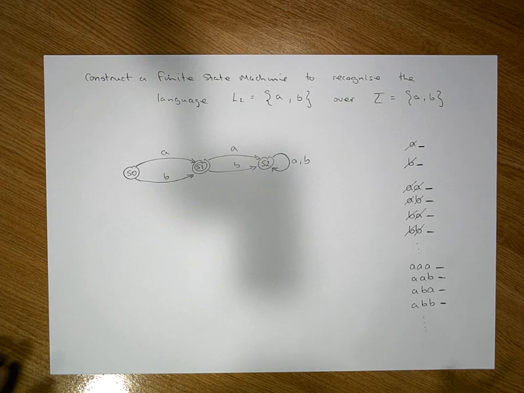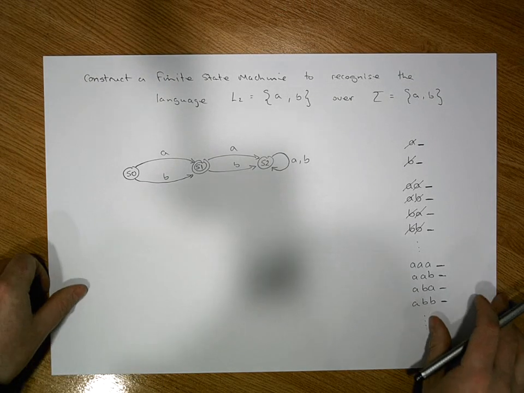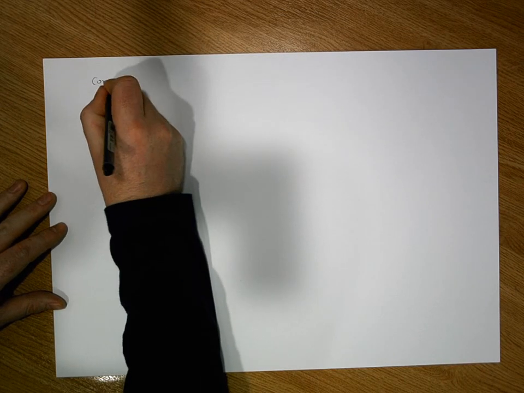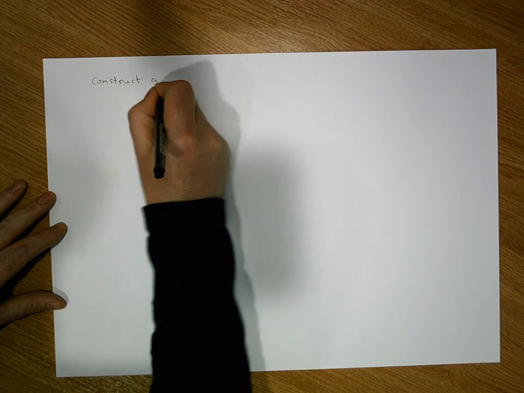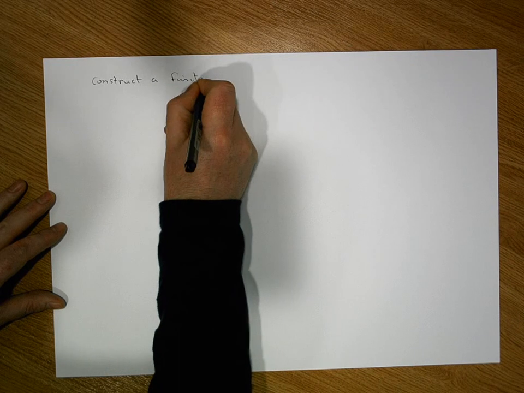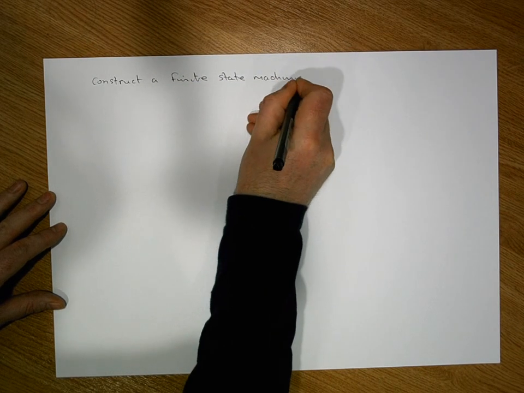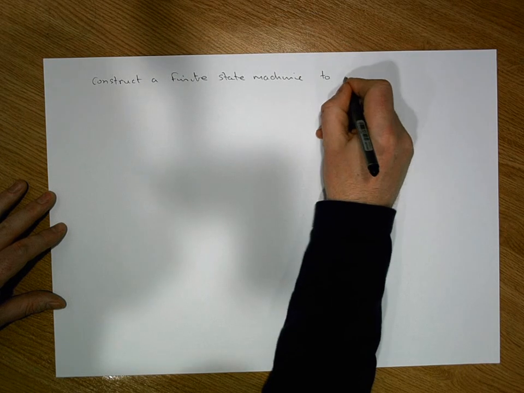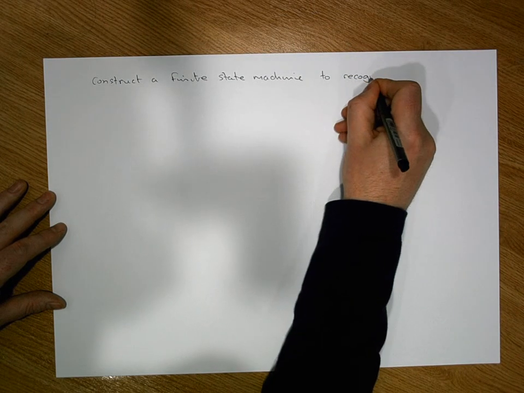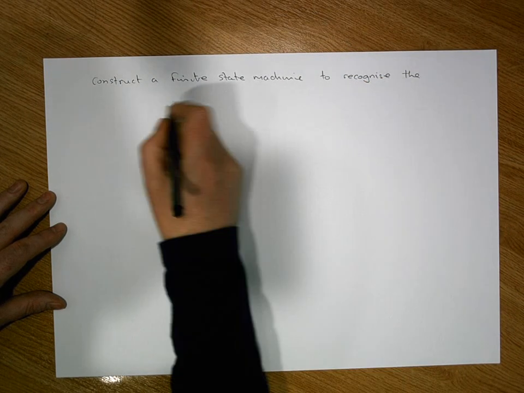Okay, let's consider another example. Let's say we want to construct a finite state machine to recognize the language.